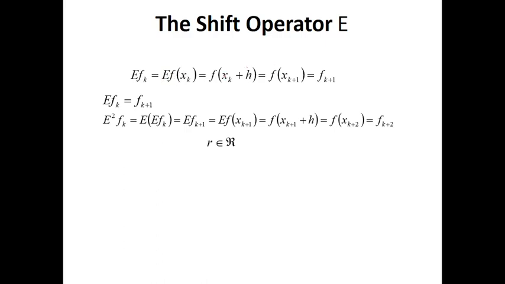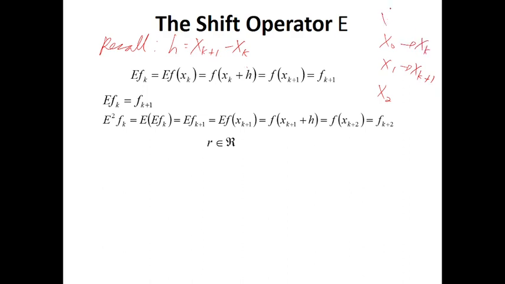And in this case, recall that h is equals to x sub k plus 1 minus x sub k. Okay? So, in that case, for example, x sub 0, x sub 1, x sub 2. So, this is our x sub k plus 1. This is our x sub k.